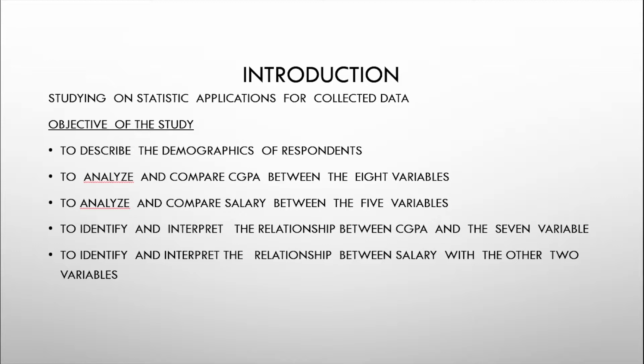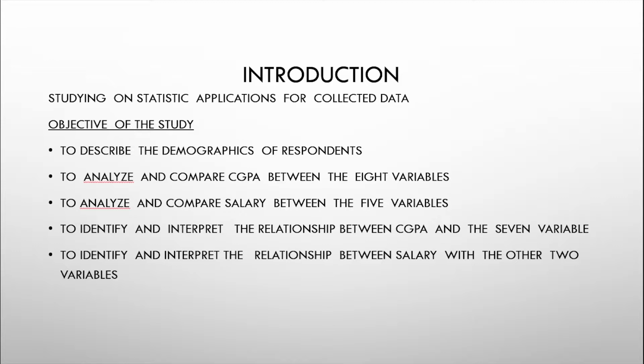Next, the objective is to analyze and compare CGPA between 8 variables. The variables are gender, entrance qualification, program, ethnic, total semester status, working status, the working sector, and type level of work. The statistical results were displayed using Excel.